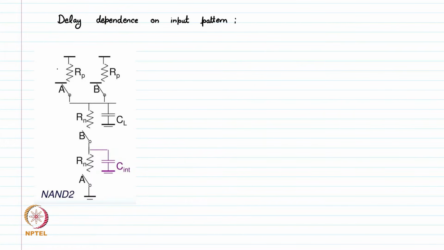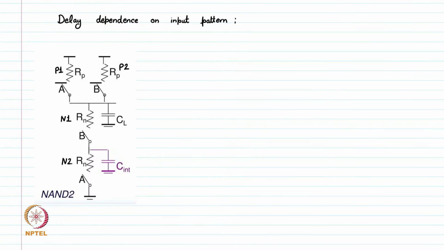This is transistor P1, PMOS 1, and this is PMOS 2. This is the N1 transistor and N2 transistor, a 2 input NAND gate.